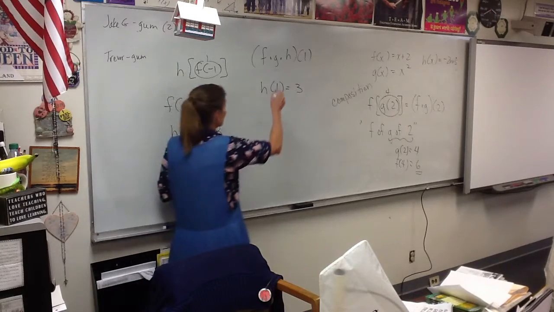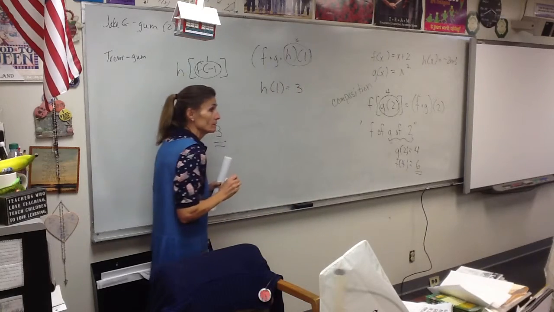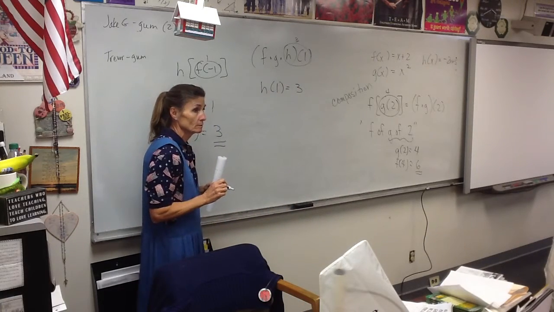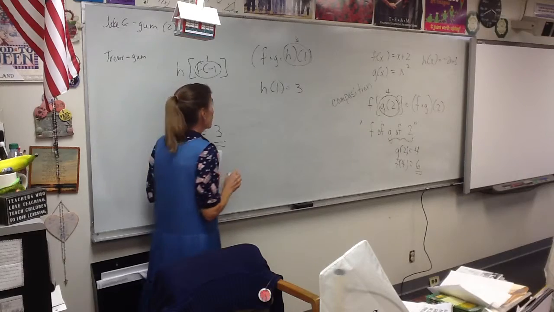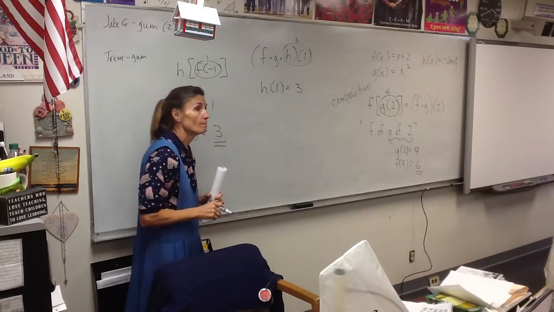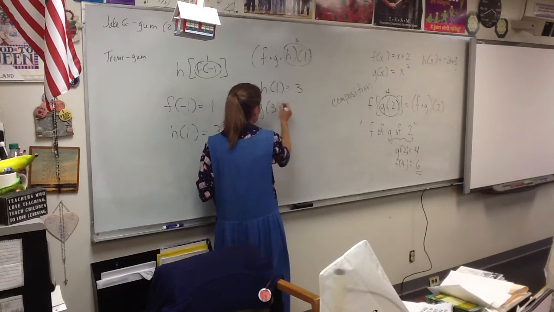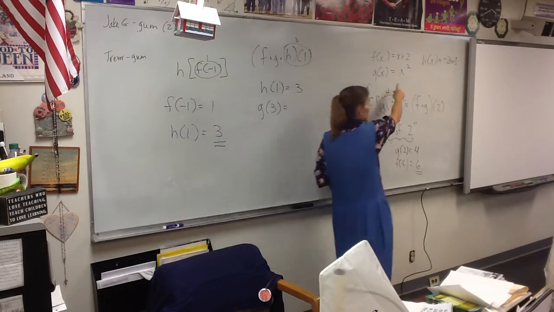Now, this right here was 3. Now, Jordan, what do you think I'm going to do with that 3? I'm going to plug it into G. So what is G of 3? 9.